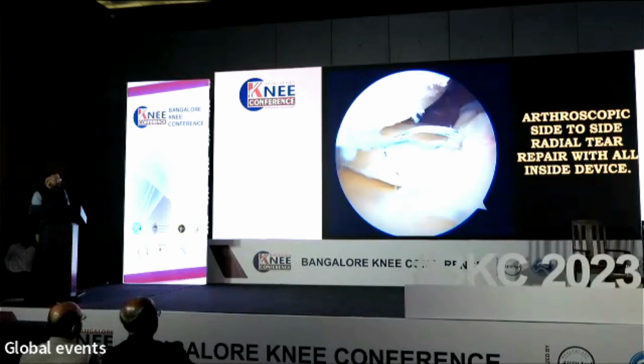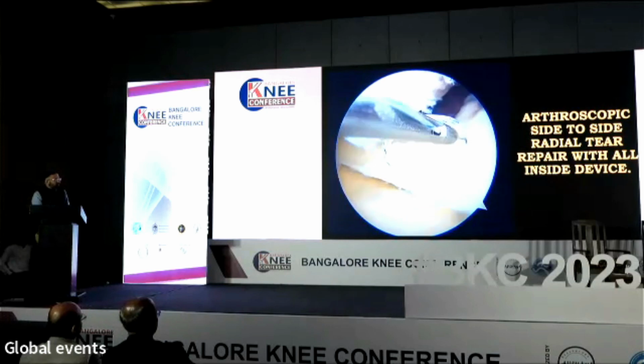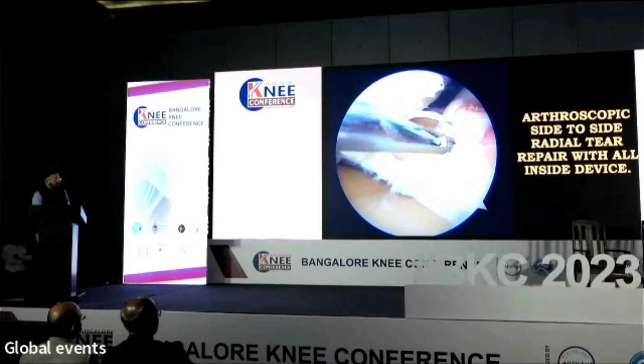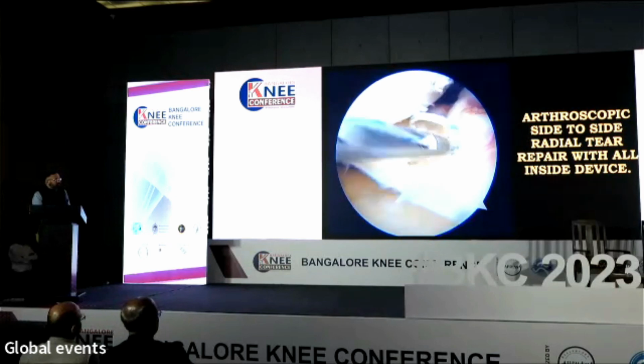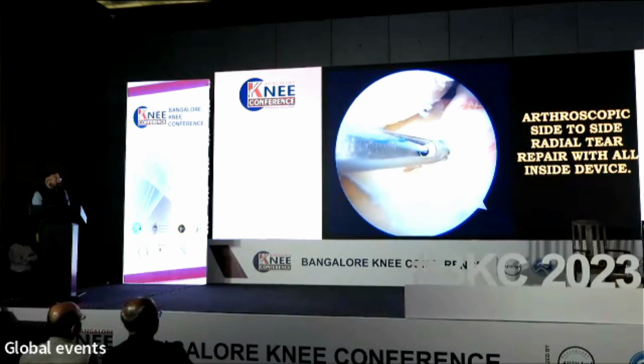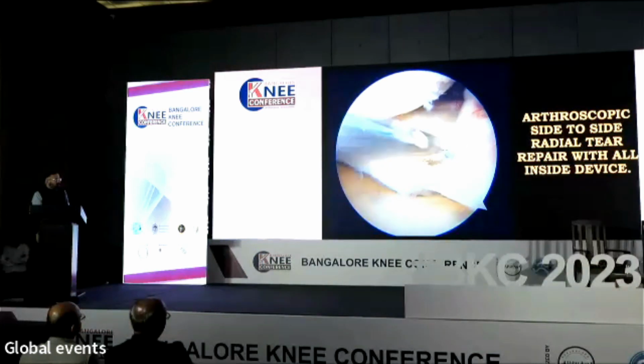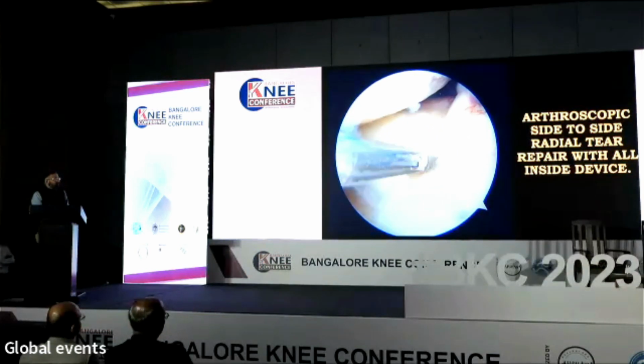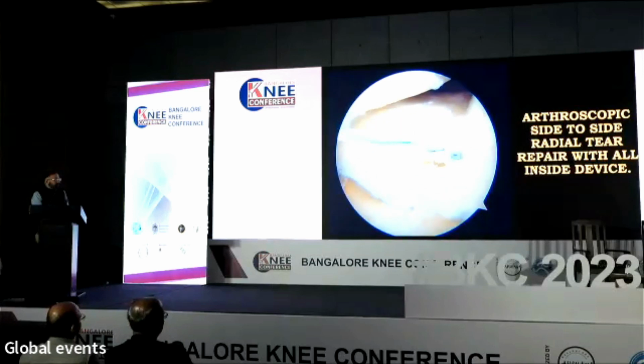At the body junction, you can use the inside out devices as well as the knee scorpion. I don't cut my stitch right away. I leave some tensioning to be done later on.